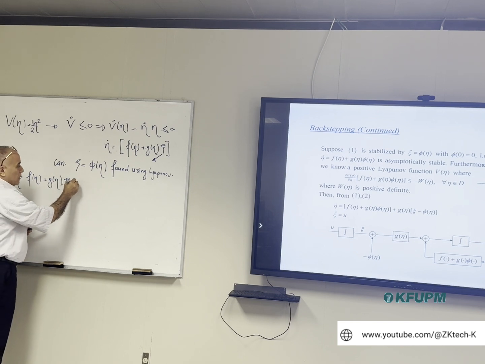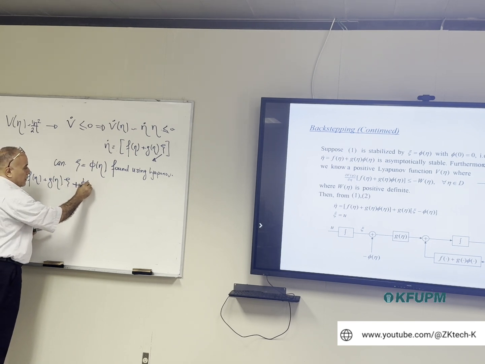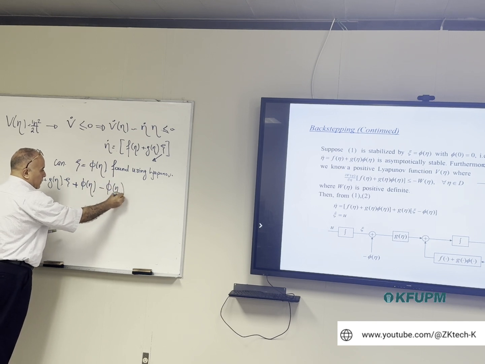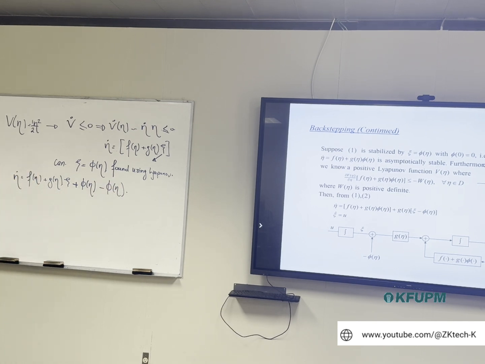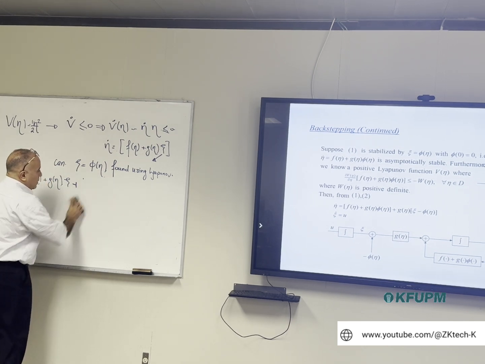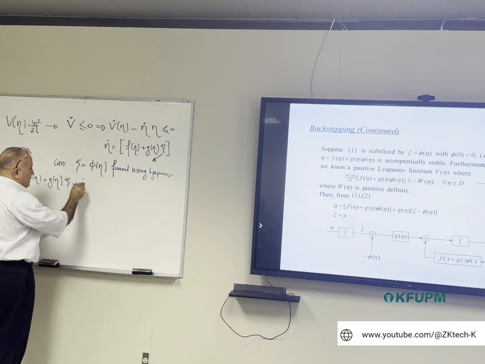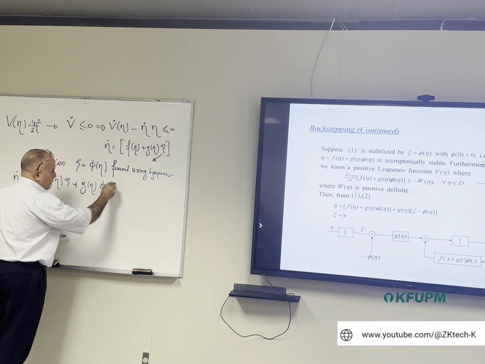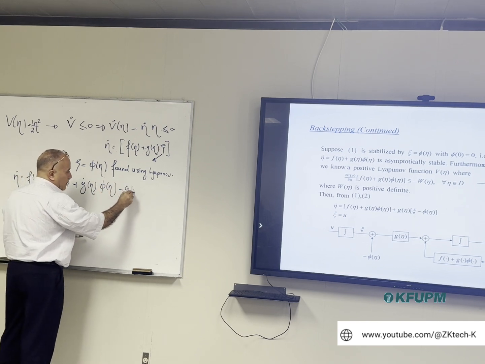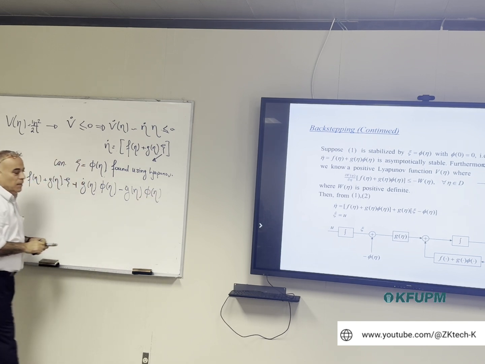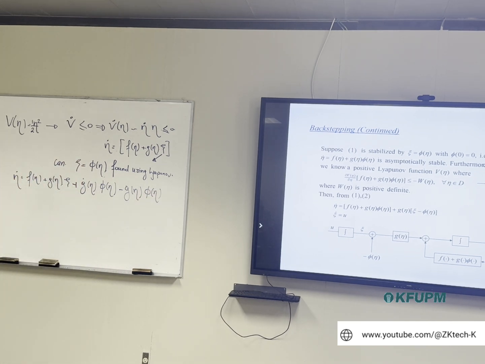We add g of eta phi of eta and we remove g of eta phi of eta. In fact, this is g of eta times phi of eta minus g of eta multiplied by phi of eta. So I did not do anything, right? Because it's addition of 0.